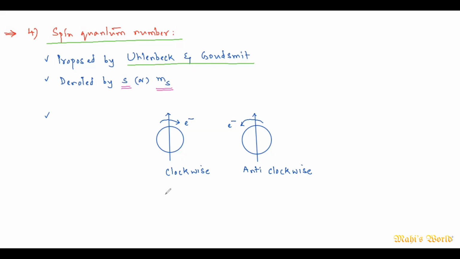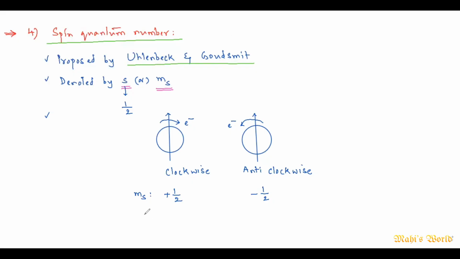One is clockwise, the other one is anti-clockwise. The clockwise spin has the ms value of plus half. The value of S is only half, but only when it is placed in a magnetic field, it will have two opposite orientations. Clockwise, for which ms is given as plus half, and anti-clockwise, for which ms is given as minus half.